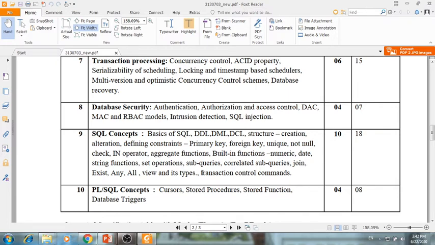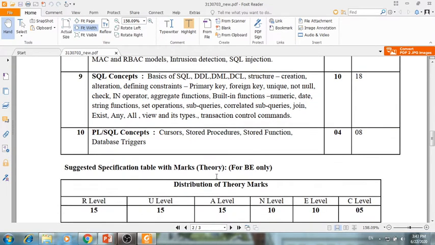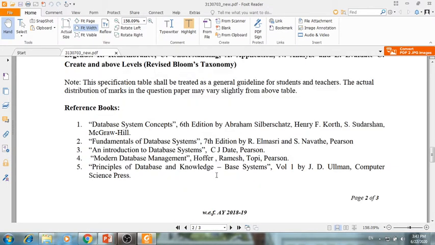All these commands will be learned in the practical session. Most of the SQL concepts will be covered in the practical session. And the last one is the PL SQL concepts: cursor, procedure, stored function, and database triggers will be covered last.